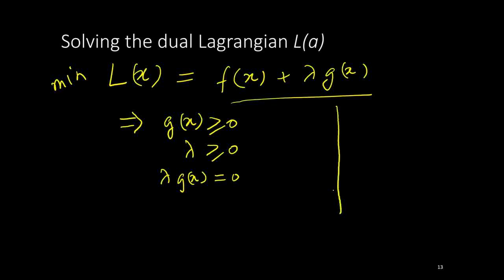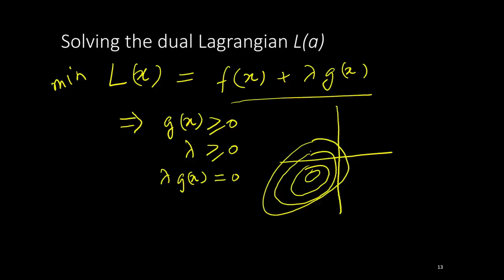So what does that mean? If we go back to that drawing that I had of these yellow curves, the center of the yellow curves is the minimum of f(x) if there was no constraint. And then we drew a red curve which represented the boundary of g(x) equal to 0. Now there are two possibilities. One possibility is that g(x) greater than 0 lies in this direction, and the other is that, I will draw the same thing, g(x) greater than or equal to 0 lies on the other side.